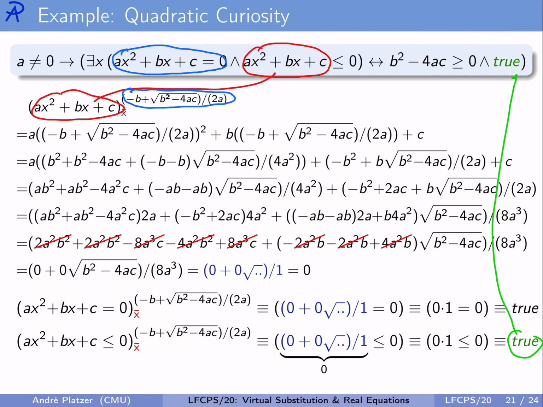However, of course, that would have been different had we had a strictly less than comparison, because then down here we would have had strictly less than comparisons throughout, and 0 strictly less than 0 just isn't very true. So that would have given us a false, which would have given us a false up here.